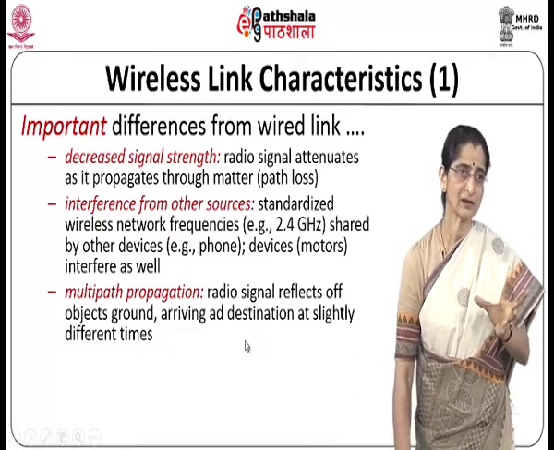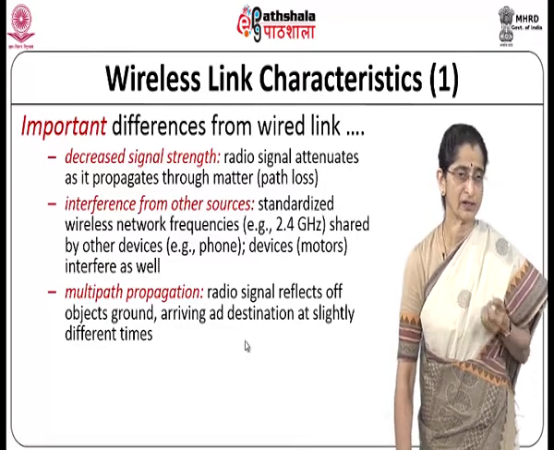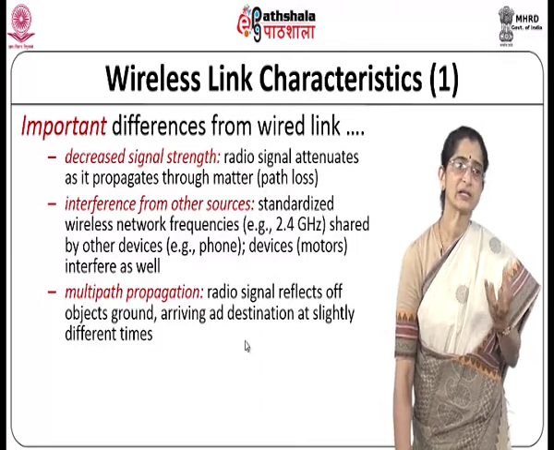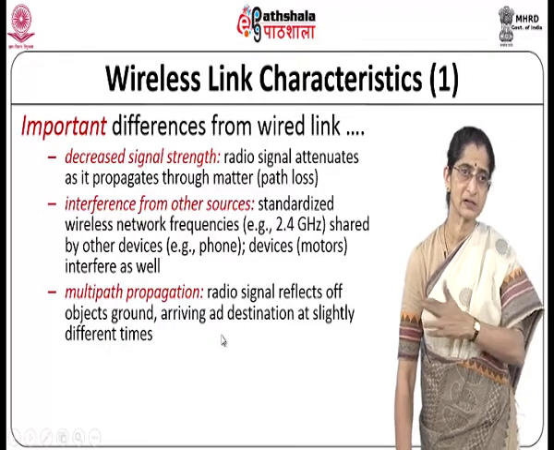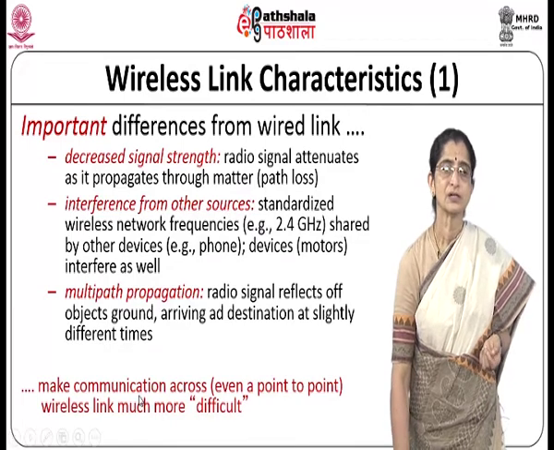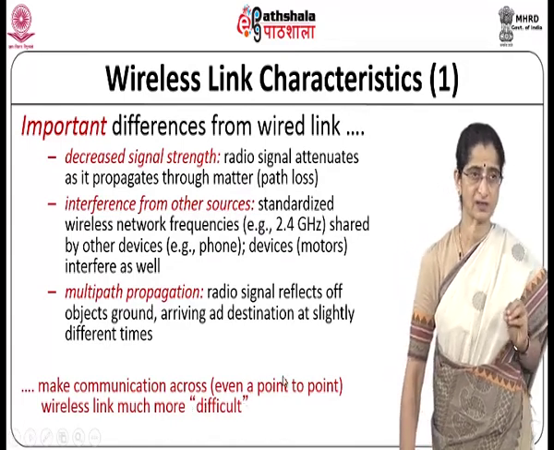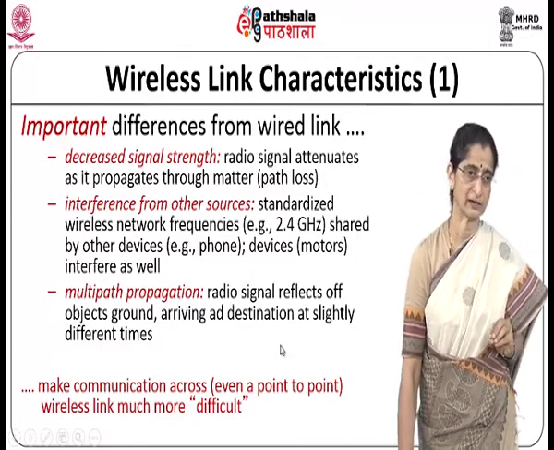When the same signal reflected by different objects appears at the destination and all of them are put together, it looks like a noisy signal. You have a lot of interference because of these reflected waves coming in, and that is something we need to handle. All these put together make communication, even for a point-to-point wireless link, much more difficult. That's the challenge we need to handle.